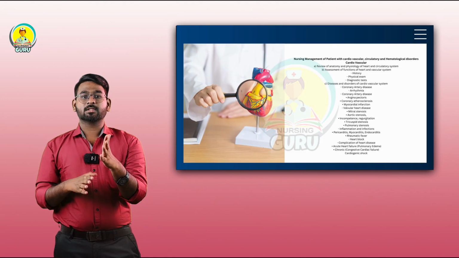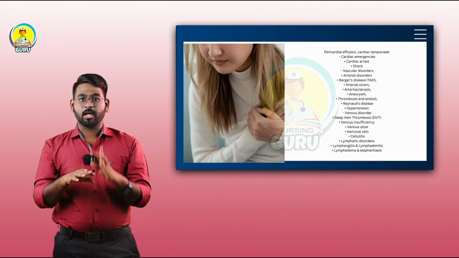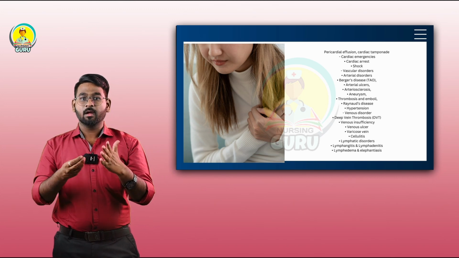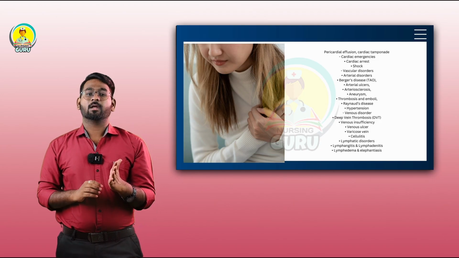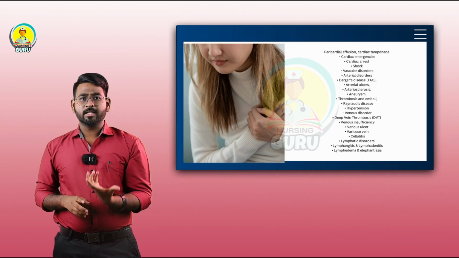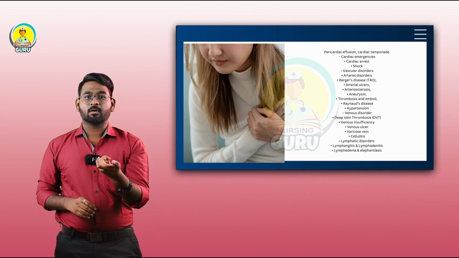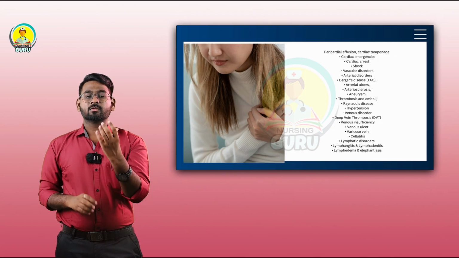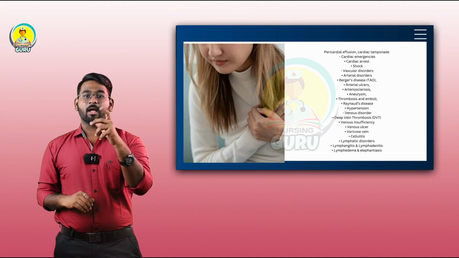In the cardiac system, if you get any question, it is better to draw a heart diagram and mention the parts, then start explaining the disease condition. Whether it is myocardial infarction, valvular disorders, septal disorders, or infective disorders like endocarditis and myocarditis, whatever it is, use a heart diagram, mention the parts and start the explanation.